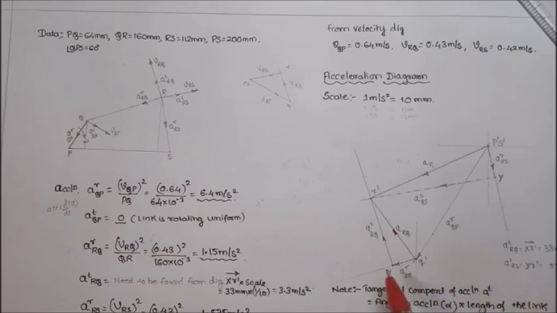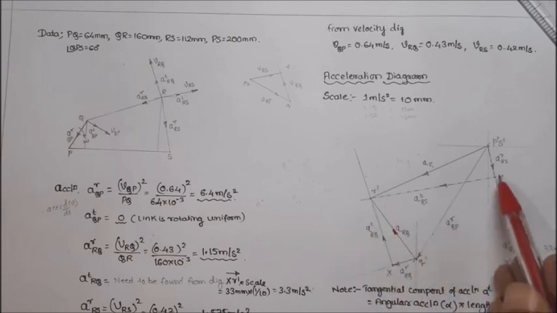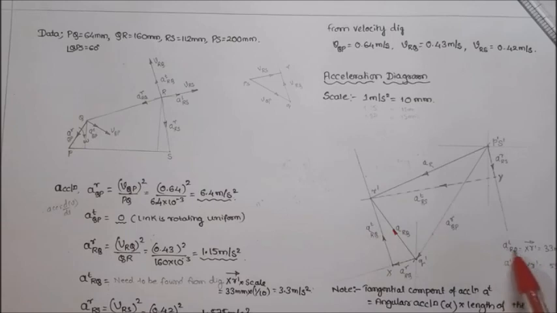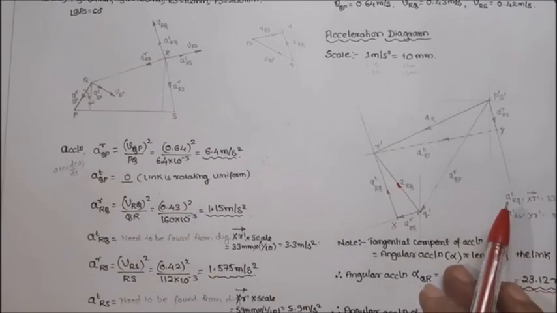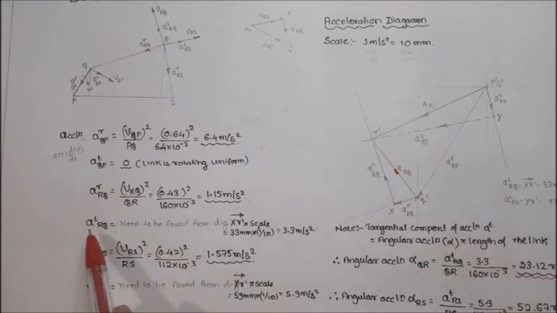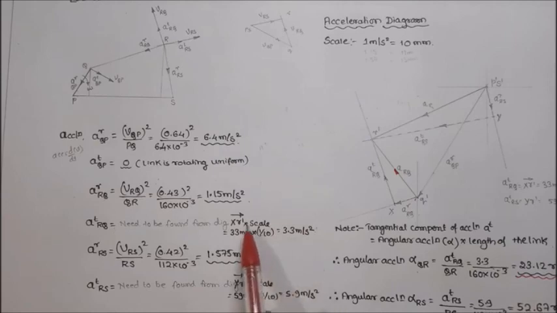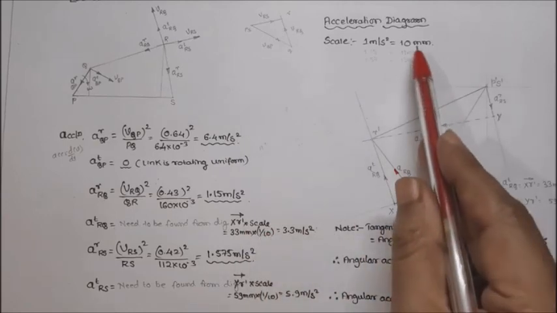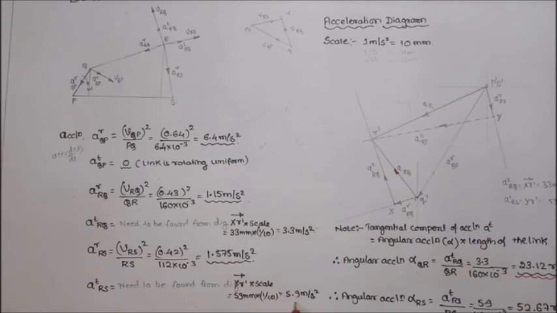For that, first find the vector X to R dash and Y to R dash, so that we get the tangential components of R with respect to Q and R with respect to S. Then multiply the tangential acceleration of R with respect to Q by the scale we used for drawing the acceleration diagram.